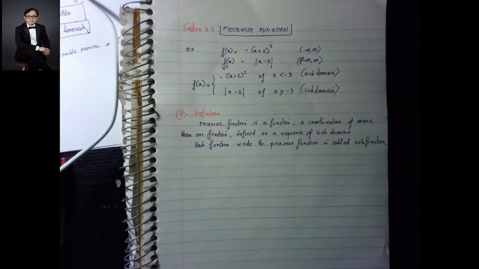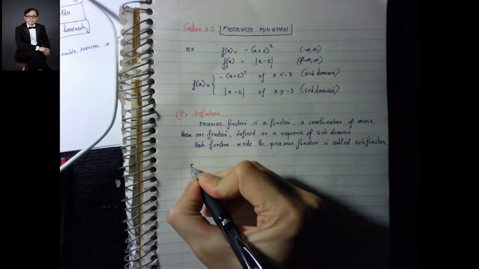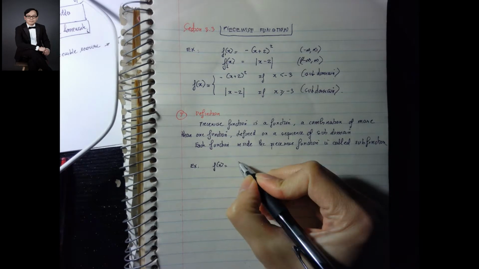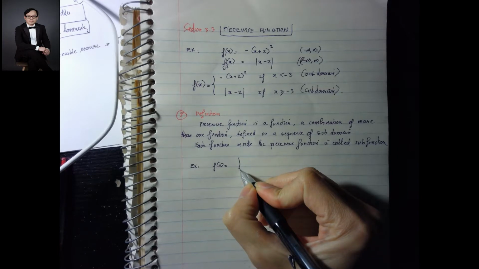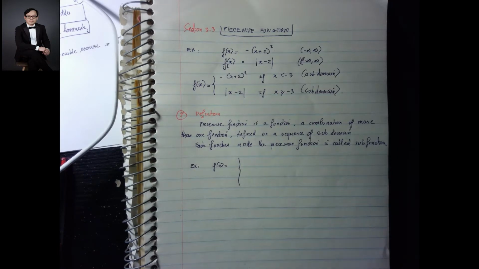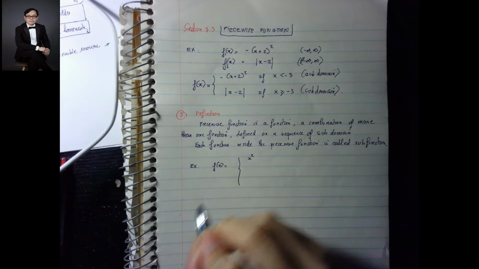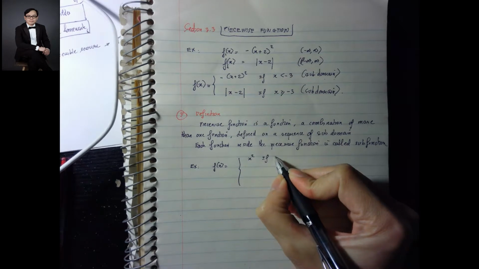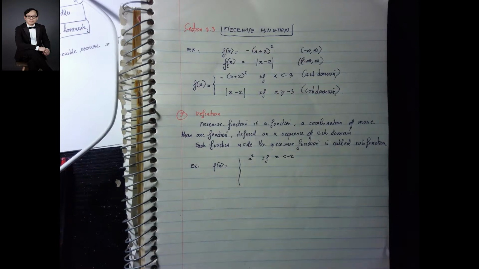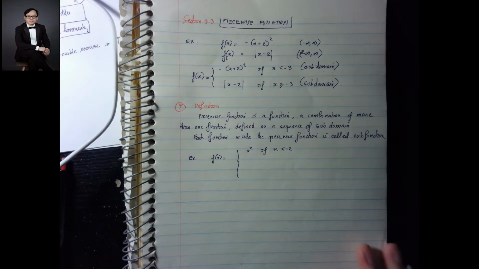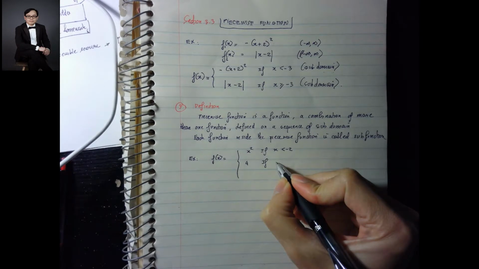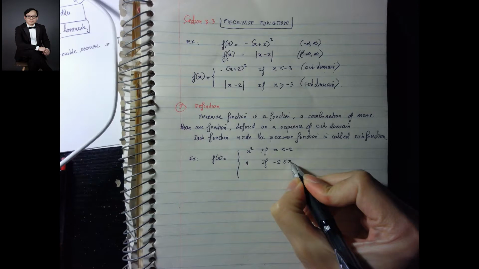Let me give you another example: a piecewise function that is a combination of more than two functions. For example, over here I have x squared, defined on the subdomain x less than negative 2. Or f(x) equal to 4, defined on the subdomain negative 2 less than x less than or equal to 3.